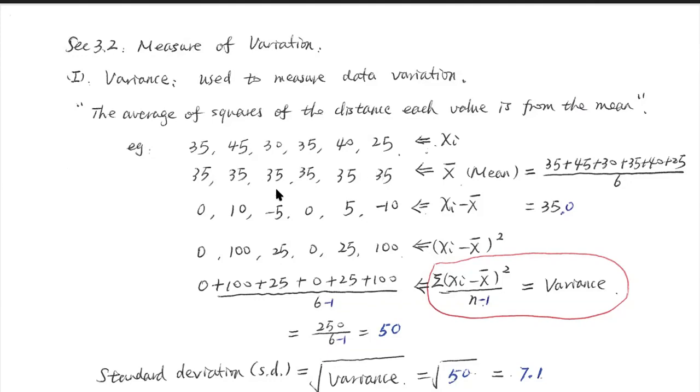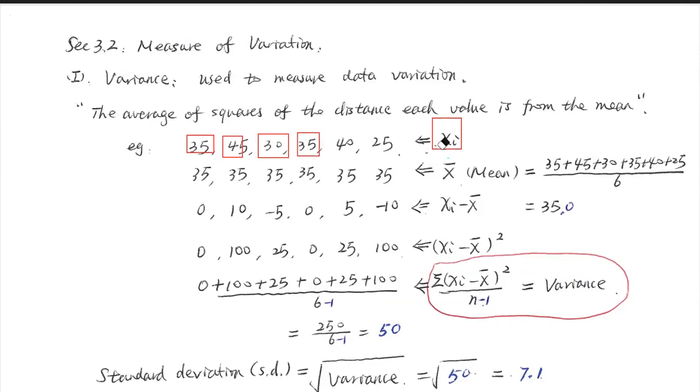Question, why do I write it down that way? In this case, we are trying to get the difference of each one. You can see I put xi as a notation, so this is x1, x2, x3, x4, and so on.